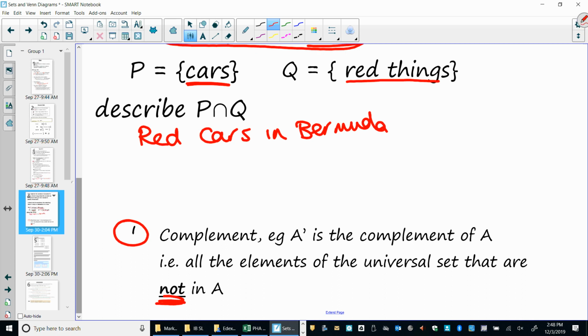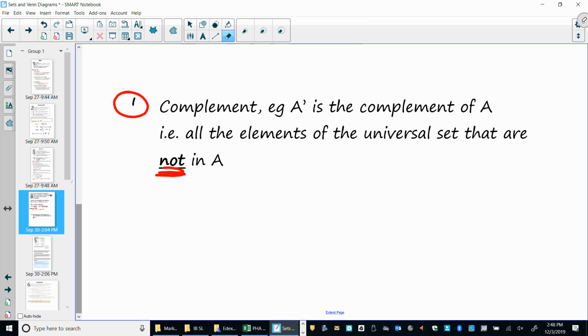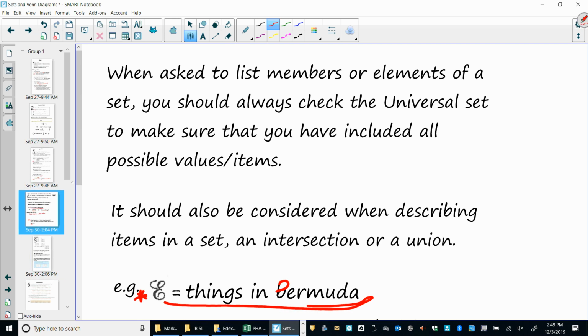It would not be red things; it would be not cars in Bermuda. So you just use the word not. It has nothing to do with red things. I'll show you some more examples with numbers.